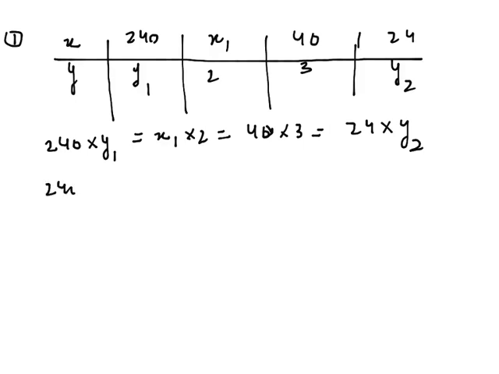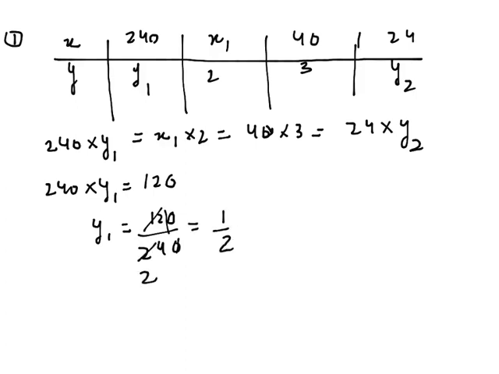That means 240 times y1 equals 120. y1 will be 120 divided by 240, we can transpose, and 12 times 2 is 24. That means y1 equals 1 by 2, or we can write in decimal as 0.5.